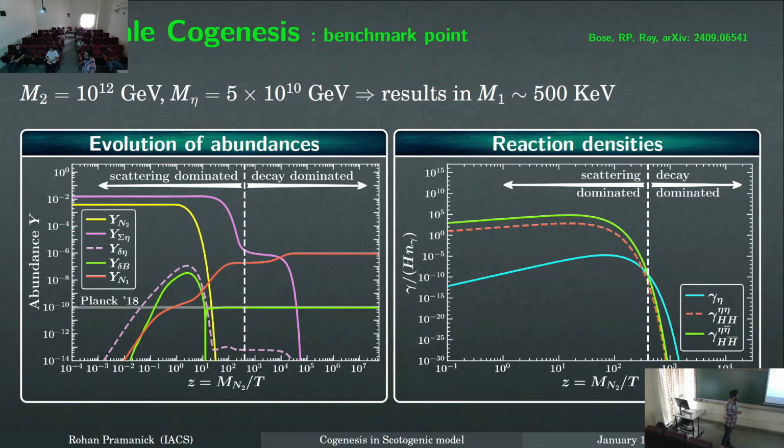The time has been rescaled in terms of temperature, and to get a dimensionless number, we define this variable z, which is nothing but M2 by T. As N2 decays, the number density of N2 falls down, but if this decay is CP violating, it will produce a very tiny amount of asymmetry in the baryons, let's say this Y delta B. As this yellow line goes down, this asymmetry goes up, and it saturates to this value, which has been measured by Planck.